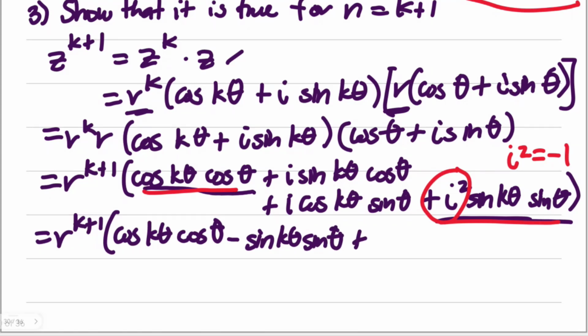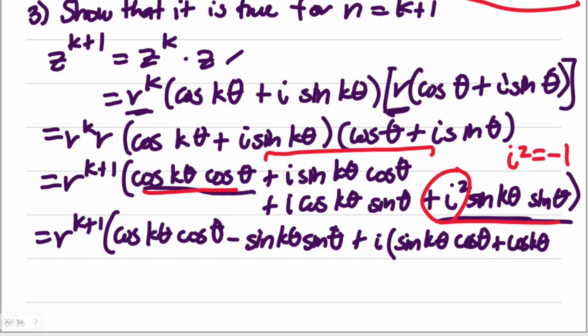Okay. Next, for these two terms here, allow me to factor i. So you will have here plus i, then you have here sine k theta cosine theta plus cosine k theta sine theta. Okay.